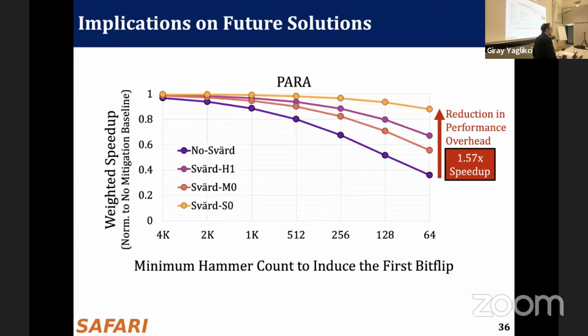I'm just guessing that they're already doing something like that, because when they manufacture DRAM chips, let's say you want to have 64K different rows inside a bank. By design, they don't implement that many rows, they implement more rows, and they have something called spare rows. After the manufacturing process, they test their DRAM rows.